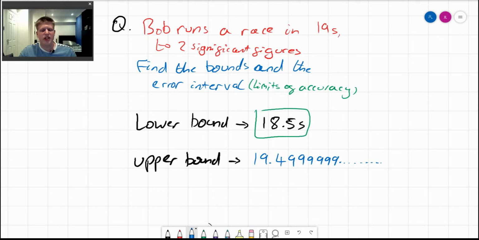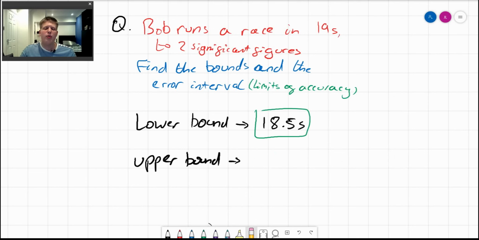But because 19.4999999 is so close to 19.5, we write down 19.5. But we know that it will never technically get there, but it will get really, really close. So for easiness sake, we call it 19.5 seconds.